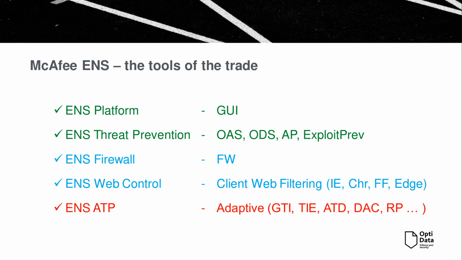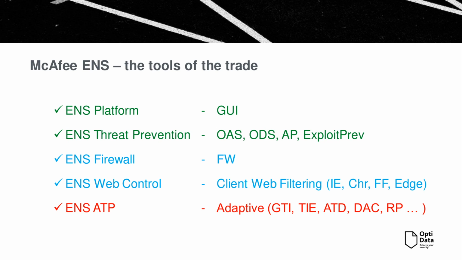Endpoint security threat prevention combines the file scanner, so on-access scan, on-demand scan, and additionally access protection rules and exploit prevention. These are the first 2 modules, the green ones, which are mandatory. You cannot get protection if you deploy only the ENS platform, and again, you cannot deploy threat prevention without the platform.